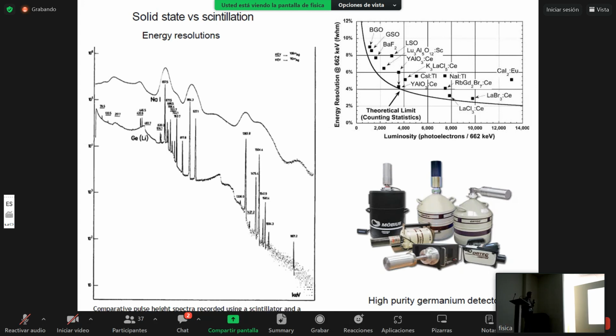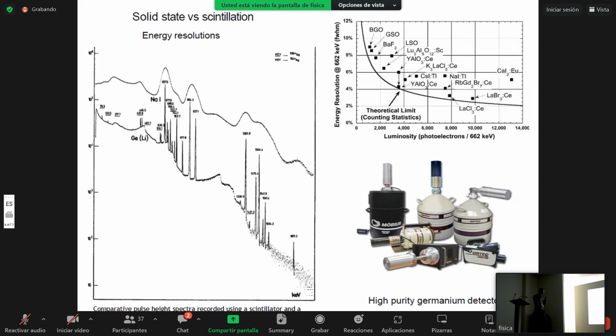For example, with germanium detectors, this figure shows the energies of gamma rays, and you can see that the germanium detector allows you to see different lines, and it's very important to identify the isotope. Here the picture just shows you what the germanium detector looks like.